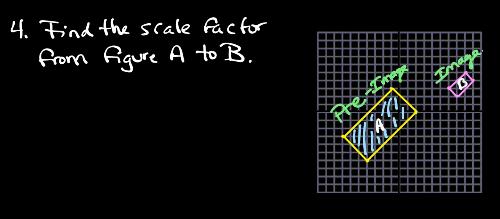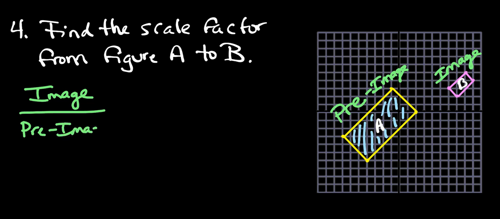The thing you want to keep in mind when we're doing a scale factor is we always want to do the image to the pre-image. And what I mean by that is we're going to take a length on the image divided by a length on the pre-image that corresponds. So, as a for instance, what we can do here is count one of these sides.